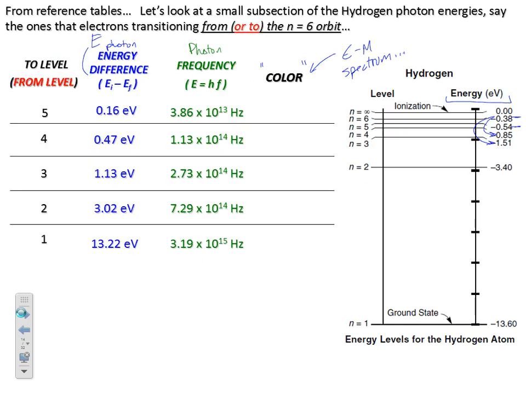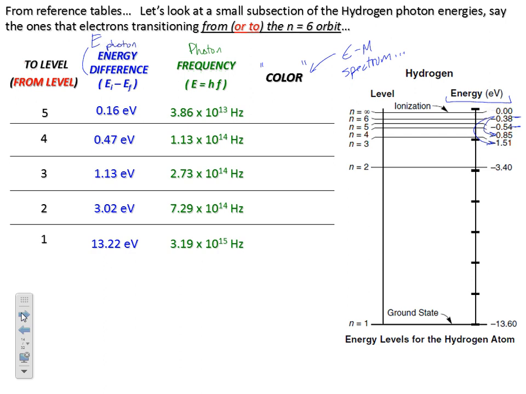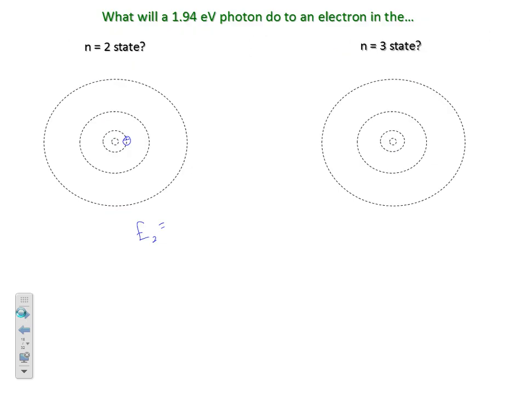All right. Now, a couple of real important things. One is, let's say we have an electron in the n equals 2 state. Well, the energy of state 2 is negative 3.40 EVs.